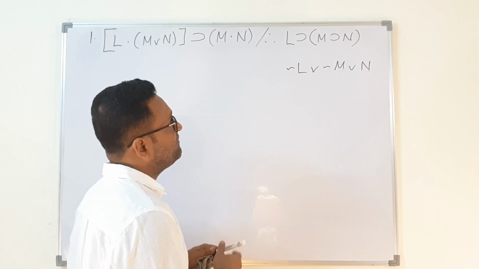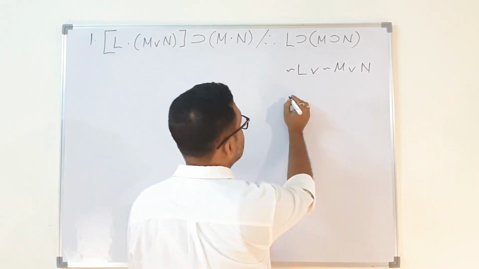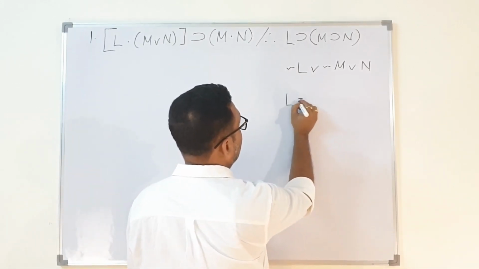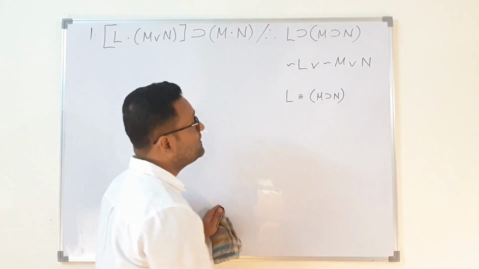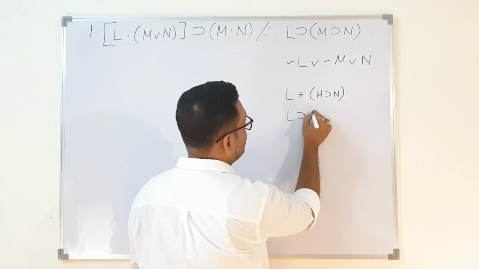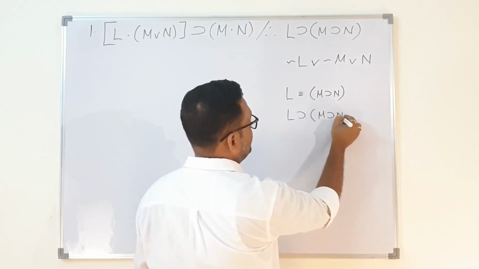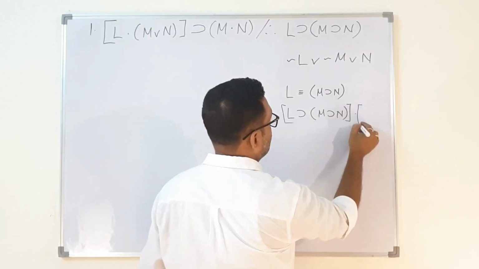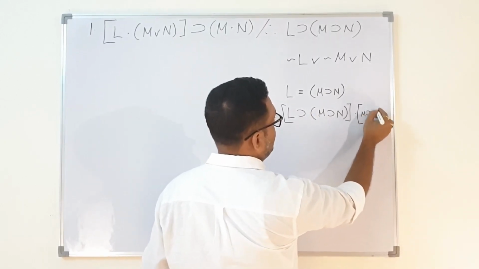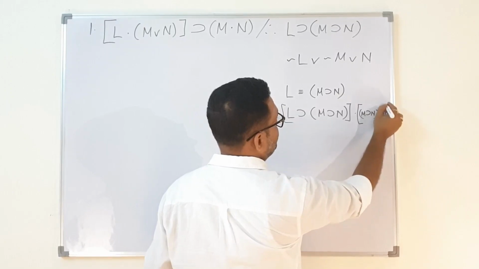Now another way of understanding this is that suppose if you get L triple bar m implies n, if you get this expression, so this will also be broken down into L m implies n and m implies n implies L, right?